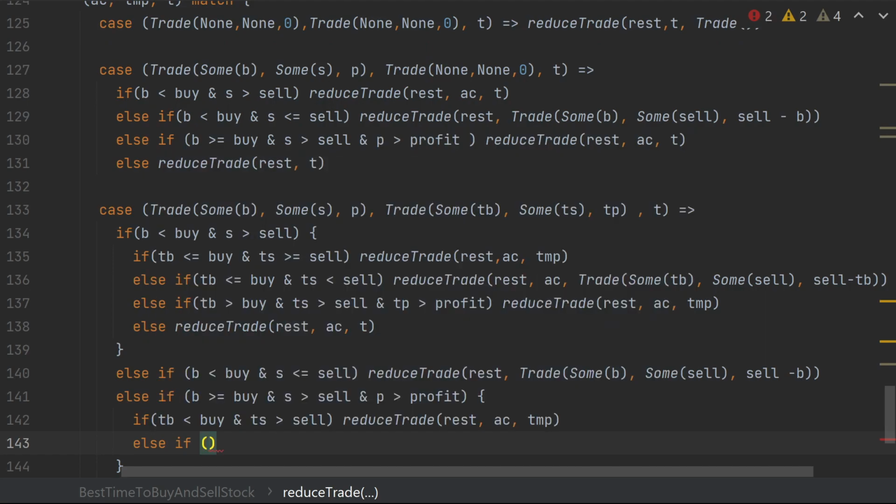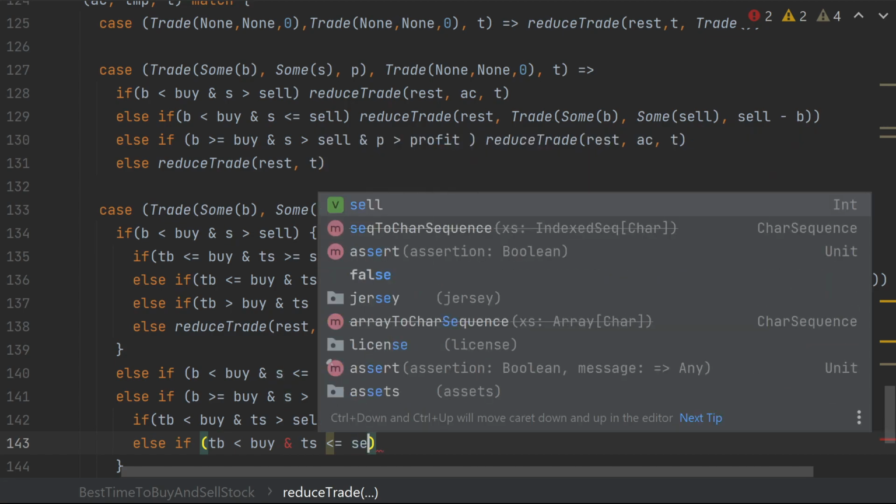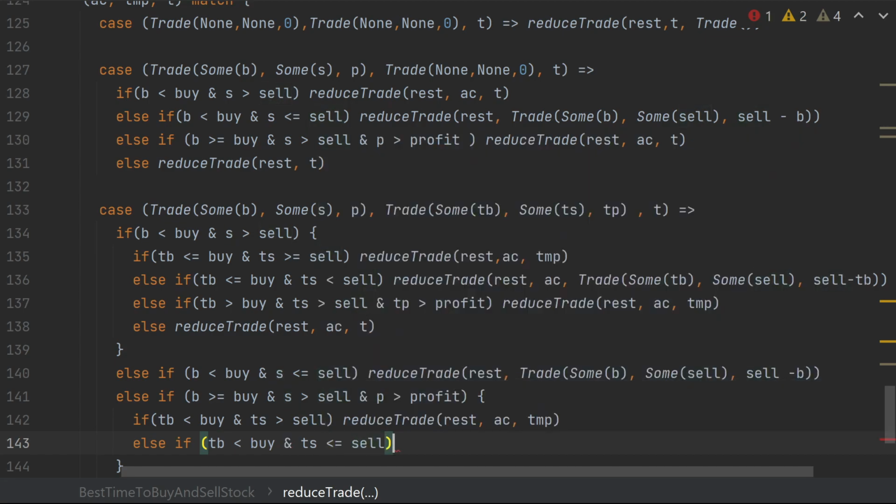Next condition, else if in this. Now again, TB is less than pi, but now your sale has turned. So now the sale has turned, so it will be TS less than equal to sale. All right, so now we see that we have a sale that is making better. So now it's time to swap or expand the trade.